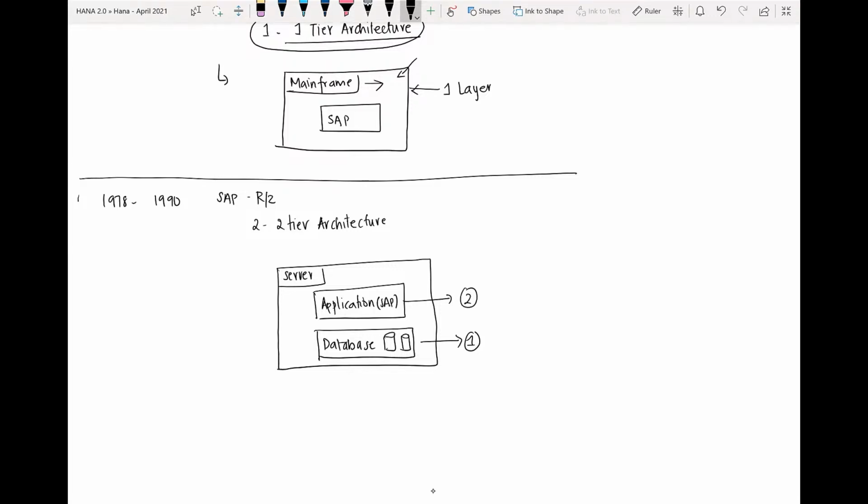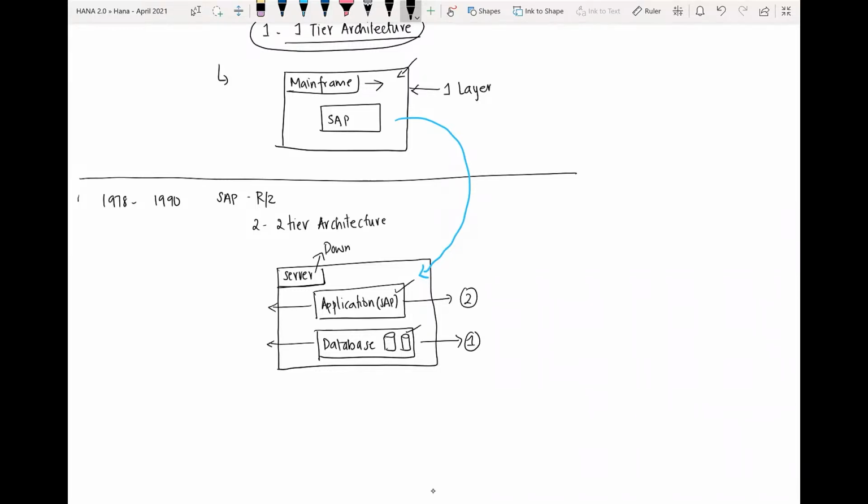But the problem here is, even though it is better than your mainframe, you moved from an older technology to a newer technology, the issue is, just looking at this picture, even though my application and my database are 2 separate objects, if my server goes down, it's shut down, or there is a power outage or something happens to the server, can either one of the application or the database survive?